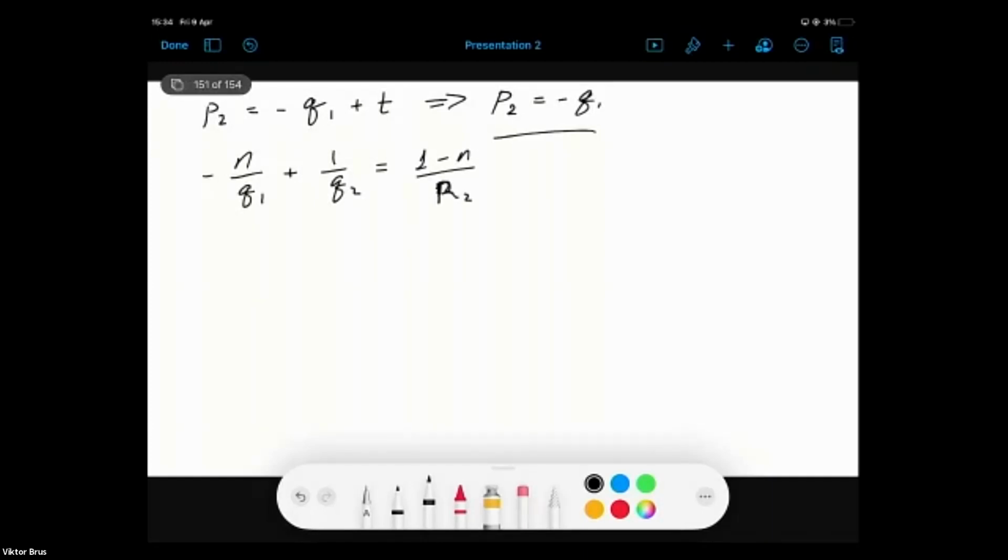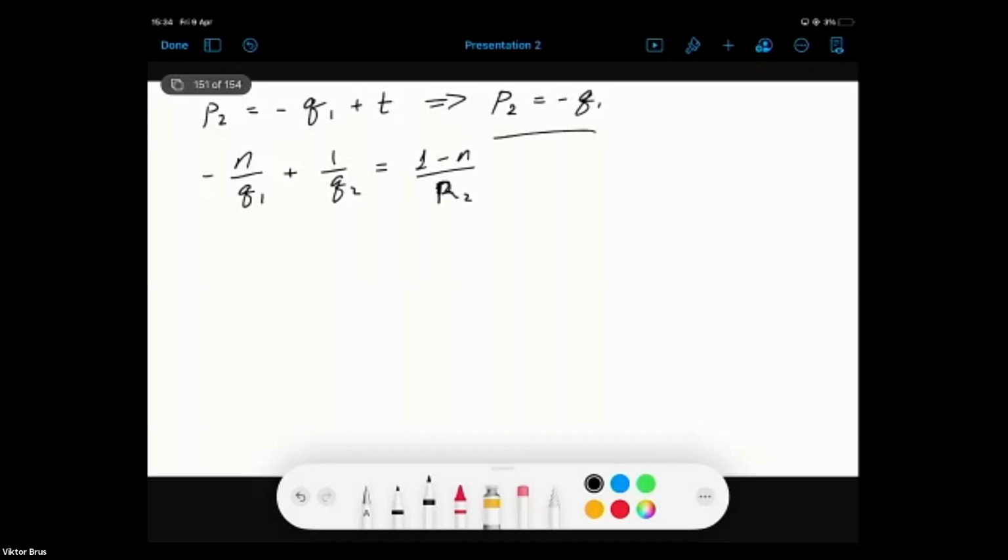Now, if we add together the equation for the first surface and the modified equation for the second surface, we get a combined equation.